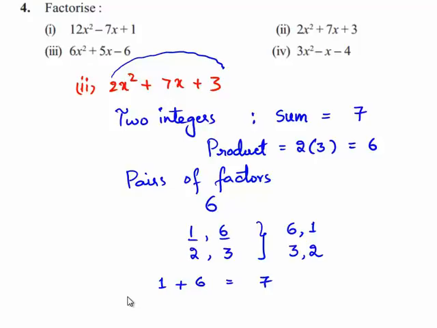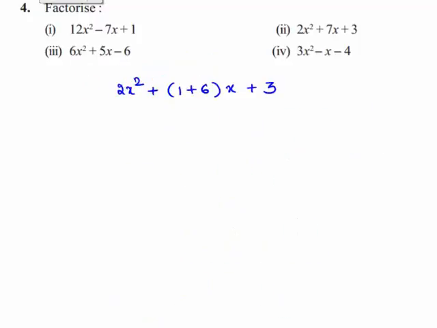So now the given polynomial can be written in the form 2x square plus (1 plus 6) times x plus 3. Now we will be getting 2x square plus x plus 6 times x plus 3. So from the first and second terms, we can take x as a common term. We will be getting x times (2x plus 1).